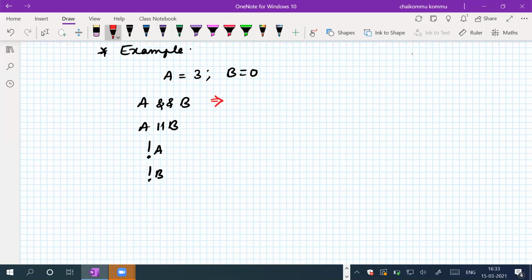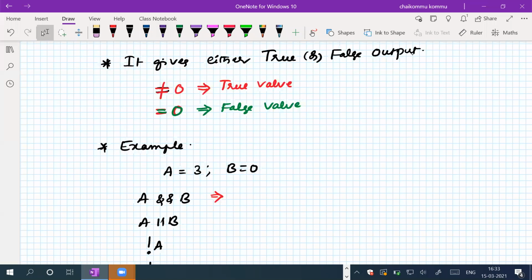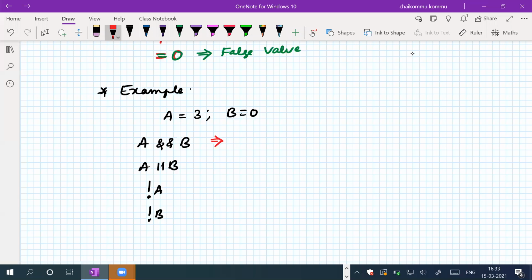Now, what is a AND b? For a and b we have to perform the logical operation. What do you mean by the 3? Is 3 a true statement or a false statement? It's a true statement, because 3 is not equal to 0.